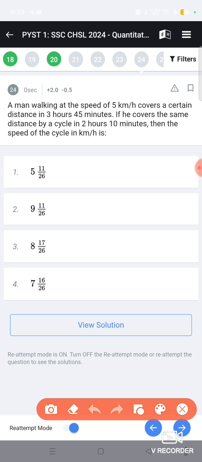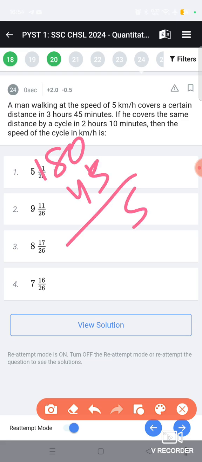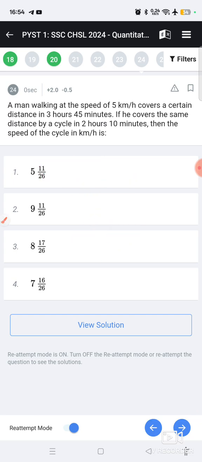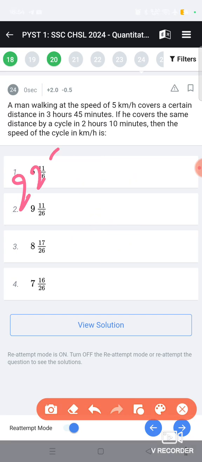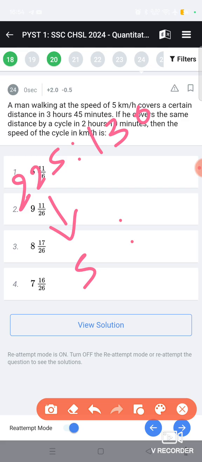So 3 hours 45 minutes means 180 plus 45, 225. Okay, and then 2 to 5 ratio, 260 into 2, 120, 130. Okay, in this scenario this is the 5 kilometer.